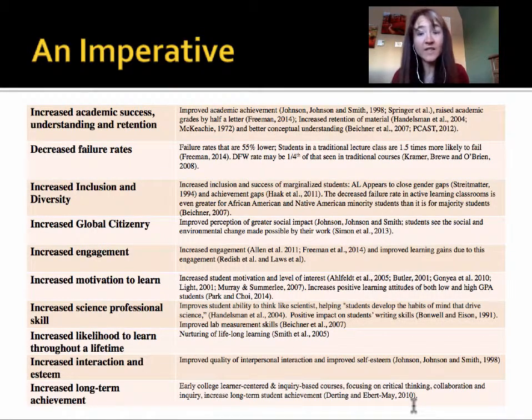Because we know there's accumulating literature, and don't try to read all that literature in one fell swoop, but we know that active learning increases academic success, understanding, and retention, decreases failure rates, increases inclusion and diversity, a big one for me, increased global citizenry, increased engagement, increased motivation to learn, increased science professional skills, increased likelihood to learn throughout a lifetime, increased interaction and esteem, increased long-term achievement. Whoa. It is an imperative.